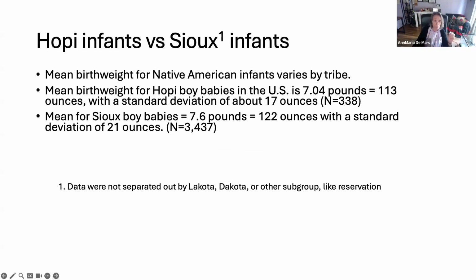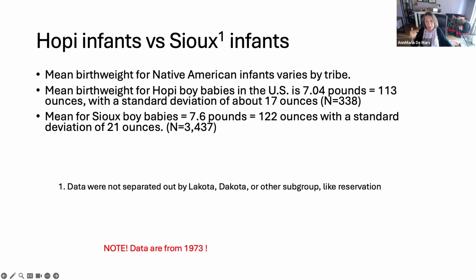The mean birth weight for Hopi baby boys in the US was 7.04 pounds, about 113 ounces, with a standard deviation of about 17 ounces, and 338 babies that they weighed. The mean for Sioux baby boys was 7.6 pounds or 122 ounces with a standard deviation of 21, and they weighed 3,437 infants.